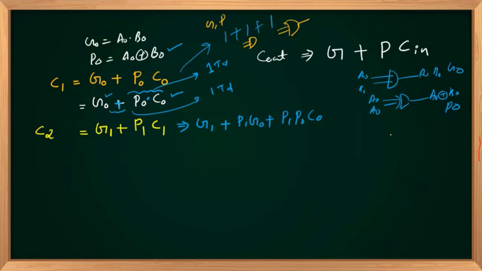So let me draw it. P0 C0 will be ANDed first, then ORed with G0. So it's a two-level circuit. One gate delay here, another gate delay here, and to produce P0 and G0 we require another gate delay. So a total of 3 gate delays.